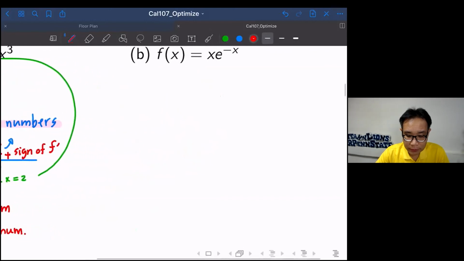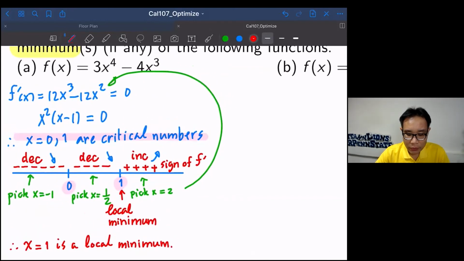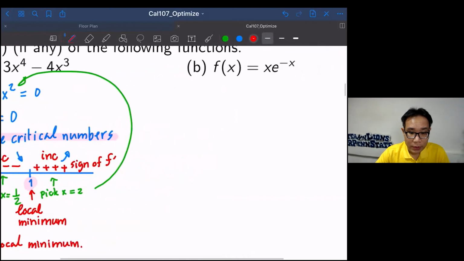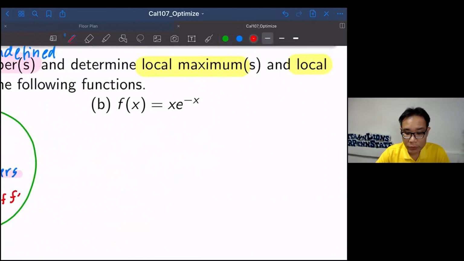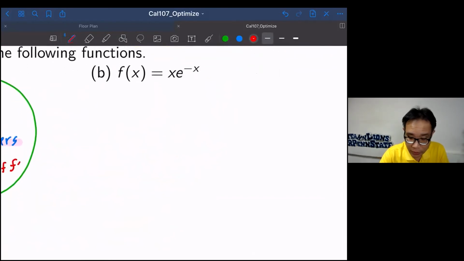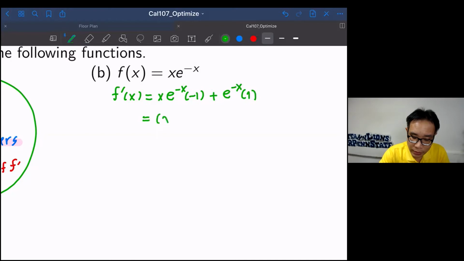The next one, you're going to have f(x) equal to x e to the negative x. In this case, you first find the derivative f prime x. It's going to be the first derivative of the second plus the second derivative of the first, and this one will be x minus 1.